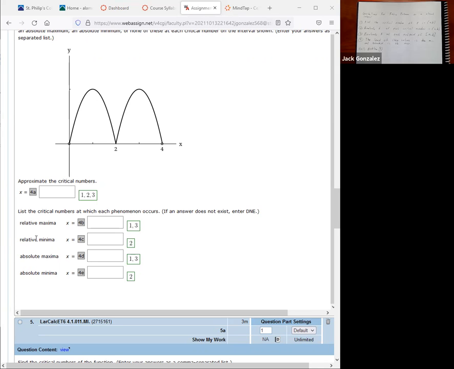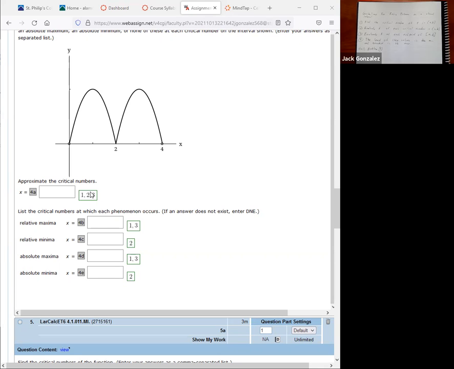Where is the relative minimum? Well, there's only one of them, so it's going to be at 2. Absolute maximum. So the highest points, there's 2 highest points. So it's going to be 1 and 3. So those are the biggest it ever gets. Absolute minimum is the smallest it ever gets. So there's only 1. So that's why we chose this guy.